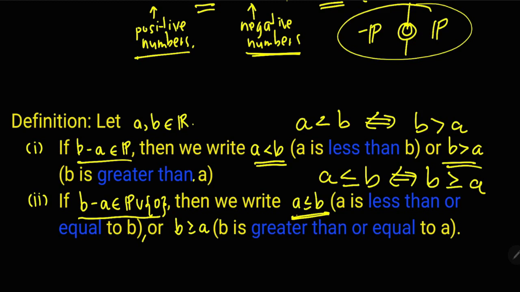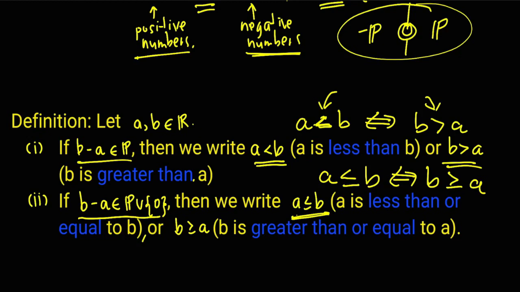So where the inequality symbol opens is the larger value, and where its pointed side is directed is the smaller value. So it's pointing towards the smaller value.